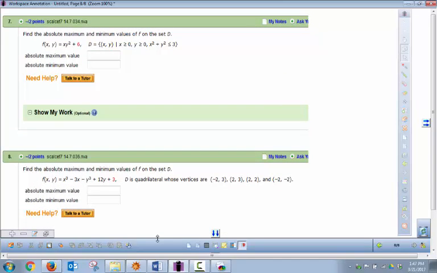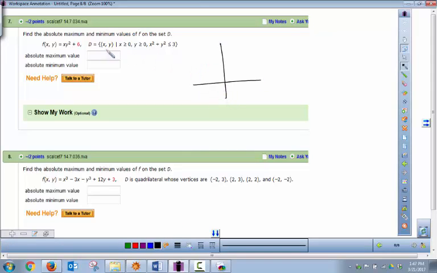And what's important is to identify your boundaries. So your boundary here is x and y values where x is bigger than 0, y is bigger than 0, x squared plus y squared is less than or equal to 3. So I think you have a circle, a radius square root of 3, right?